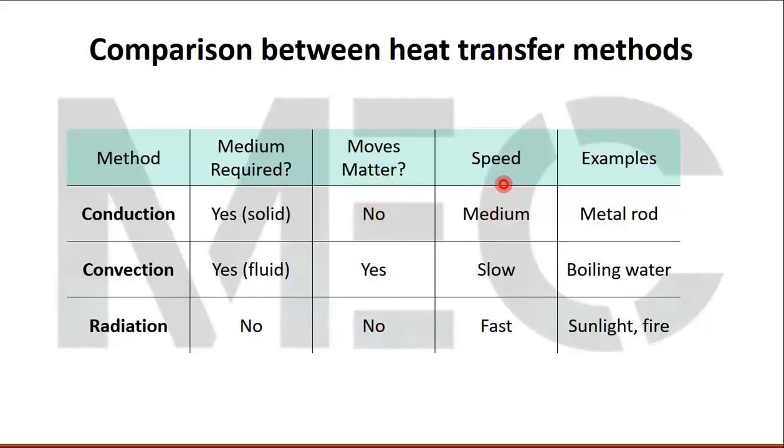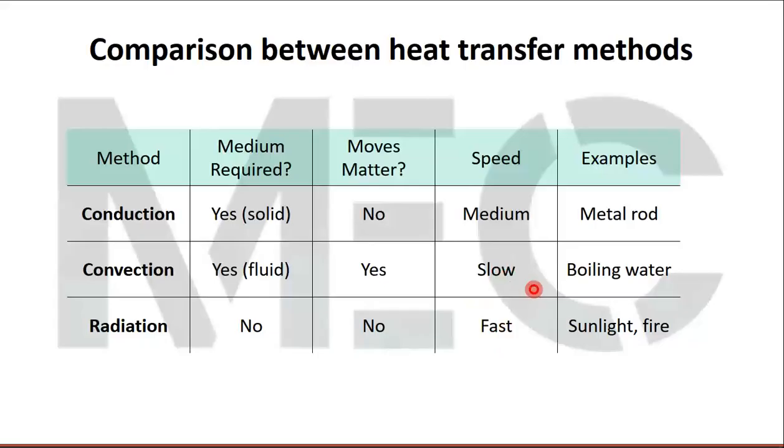The speed of heat transfer is the greatest in radiation, and then in conduction, and then in convection. Convection has the lowest rate of heat transfer. Of course, we're talking about natural convection, when no stir or fan is being used.